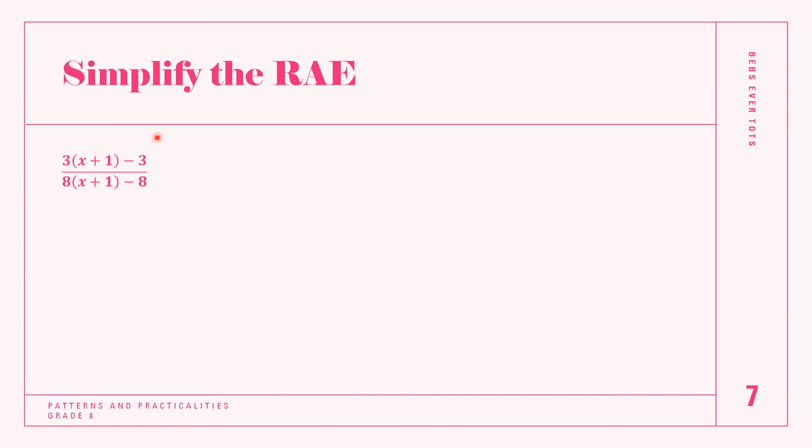So better know your operations of polynomials. We have now 3 times x plus 3 times 1 minus 3. When you simplify that, you can cancel 3 minus 3, that would be 0, and then 8 minus 8, 0. So what's left there is 3x all over 8x. Now, we can cancel both x, and what's left now is 3/8.